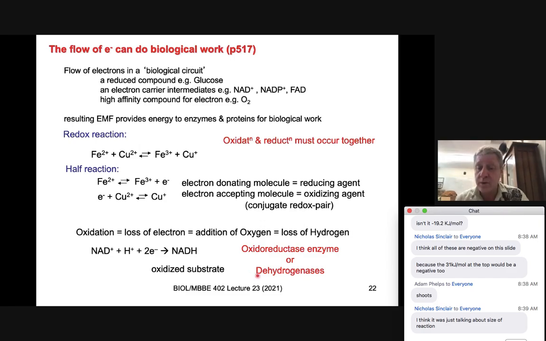So from the word dehydrogenase, we know it's an enzyme. It's causing a dehydrogenation, a hydrogen removal. So again, we have NAD+ with hydrogen plus 2 electrons to give us this neutral molecule in the form of NADH. And we're going to come back to these guys time and time again.